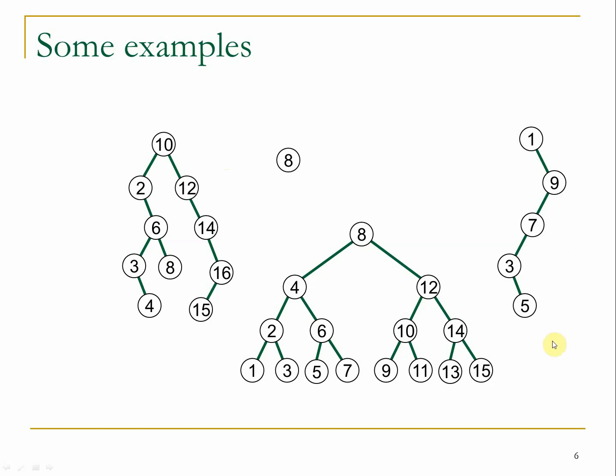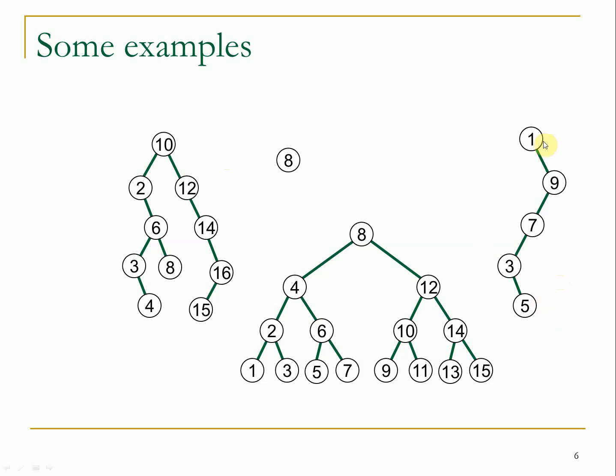You may be interested in looking at the right example. Is this a binary search tree? The answer is yes. It looks ugly, and it gives us bad performance on whatever we will discuss later regarding the binary search tree.